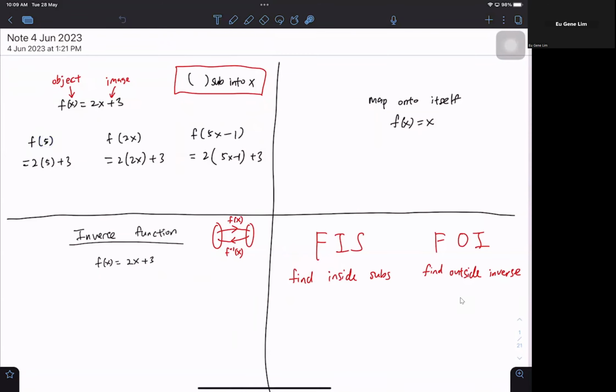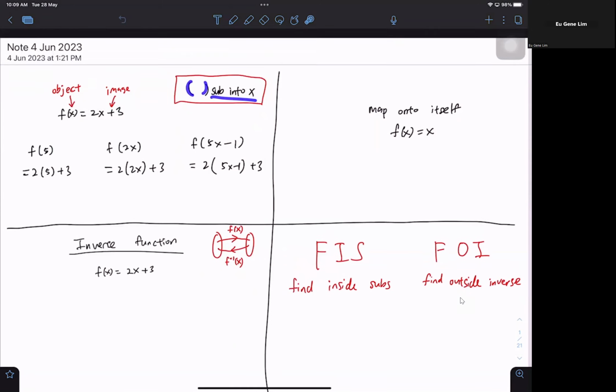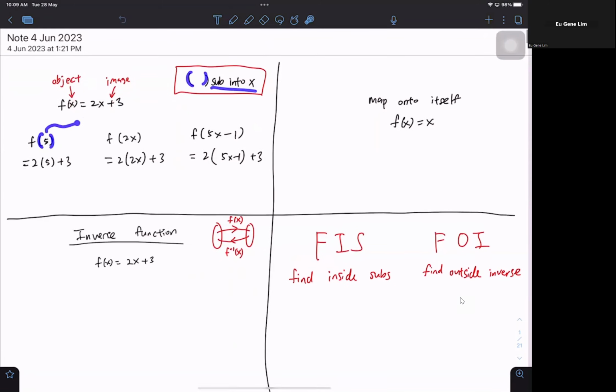What you do is take the bracket and sub into the x, so it becomes 2(5) + 3. Understand? That's how you do a function. Very simple: just take the bracket and sub into the x.